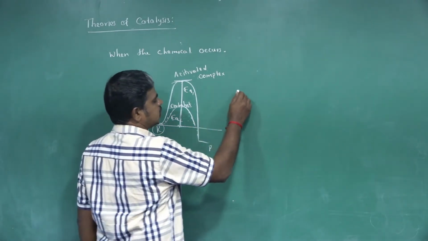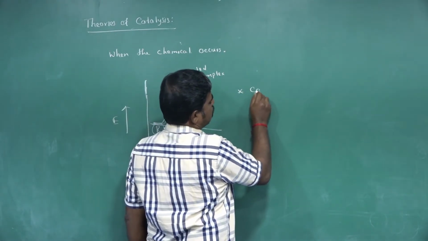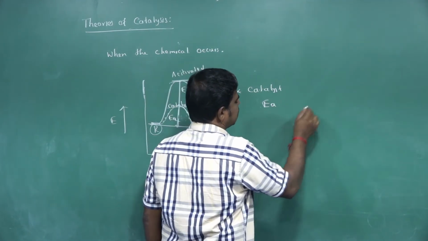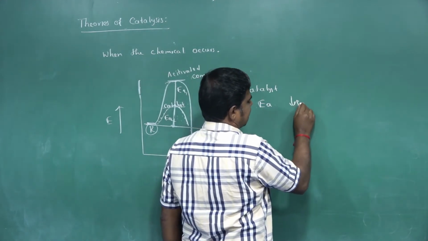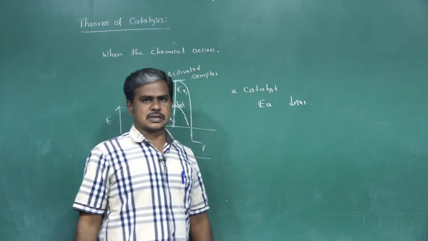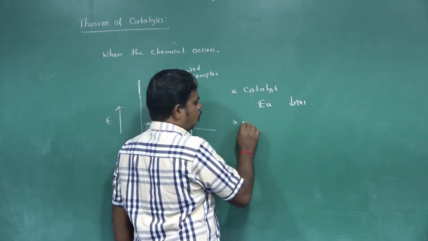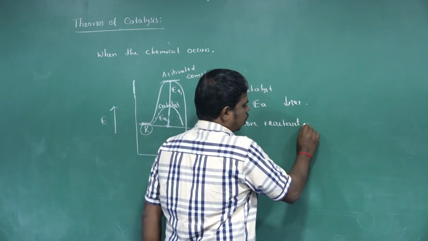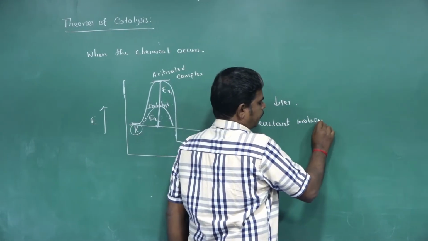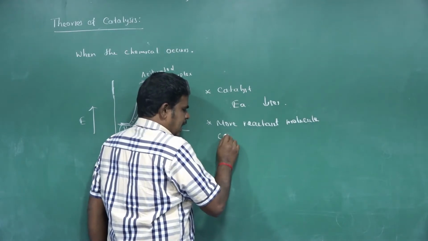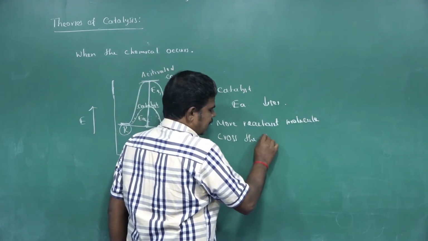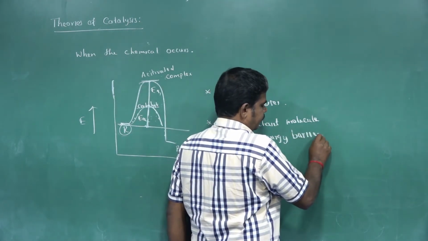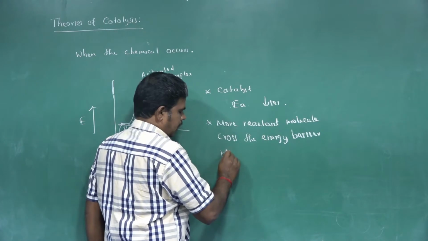So when we use a catalyst, the activation energy decreases. More reactant molecules cross the energy barrier and are converted into product.